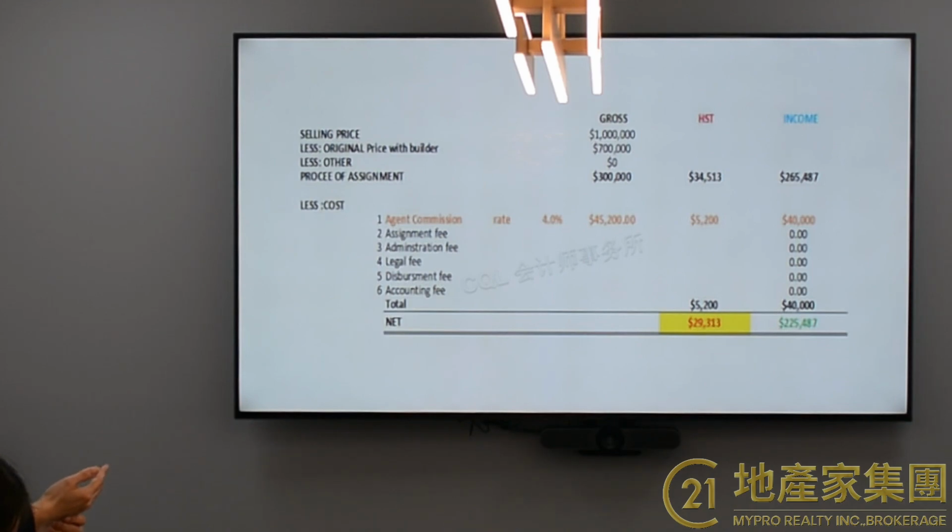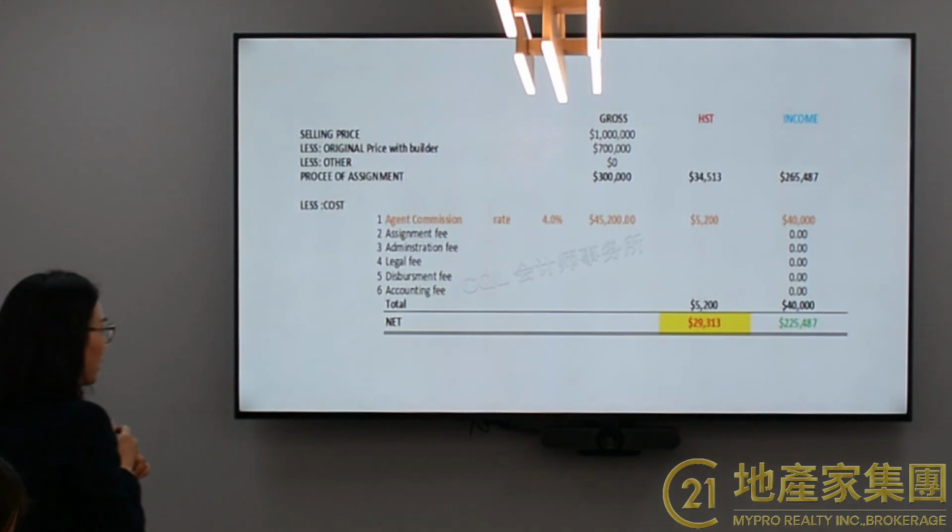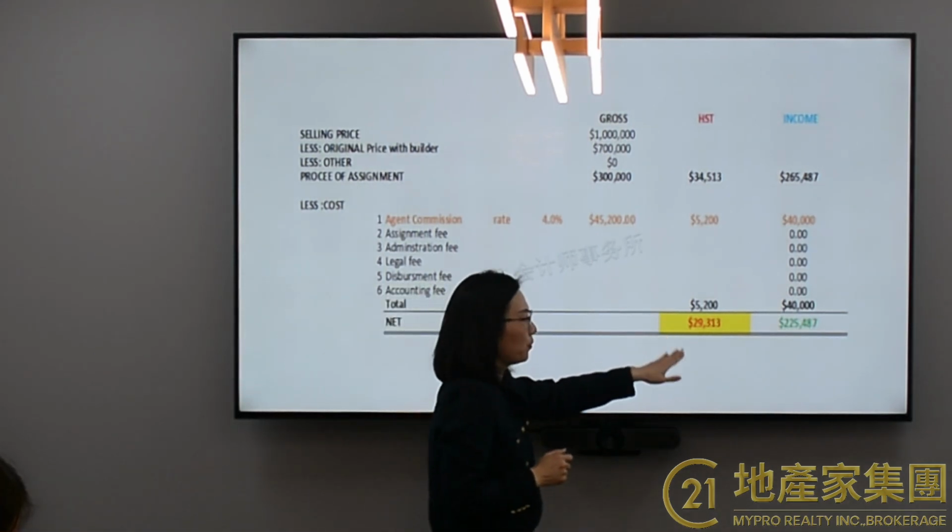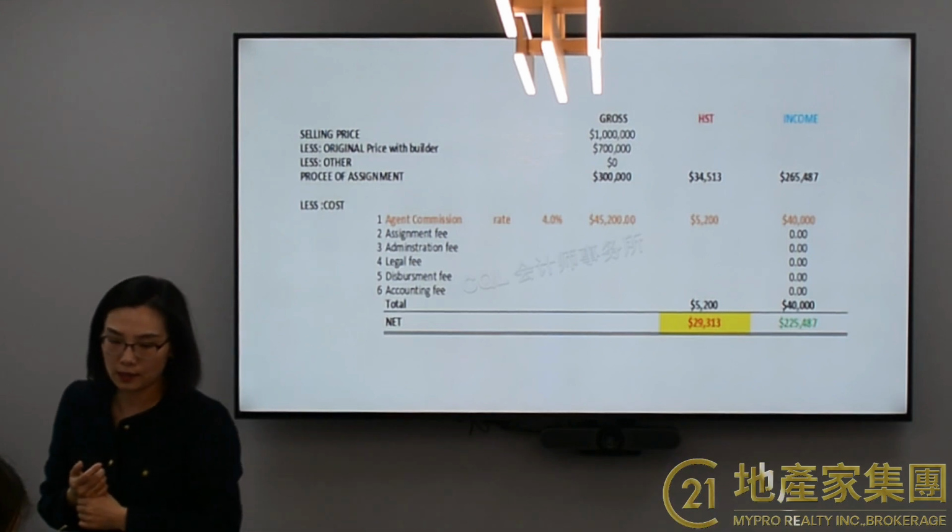In total, the HST you collect on the 300K is around 34K, and then you subtract the 5K of HST you paid. The remaining amount, which we already highlighted at the bottom, is the HST amount we need to submit to the revenue agency.